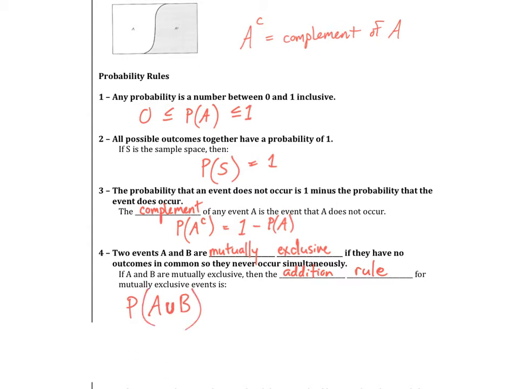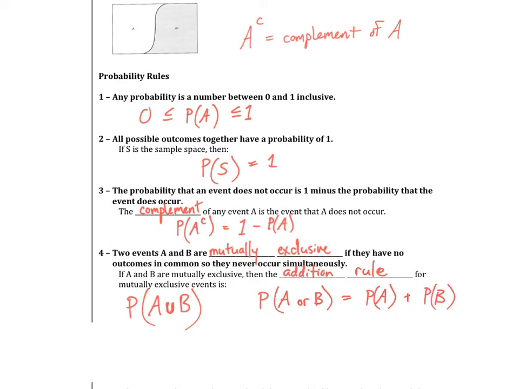The symbol in between looks like a U. That U-looking symbol means the probability of A or B happening is equal to the probability of A plus the probability of B.